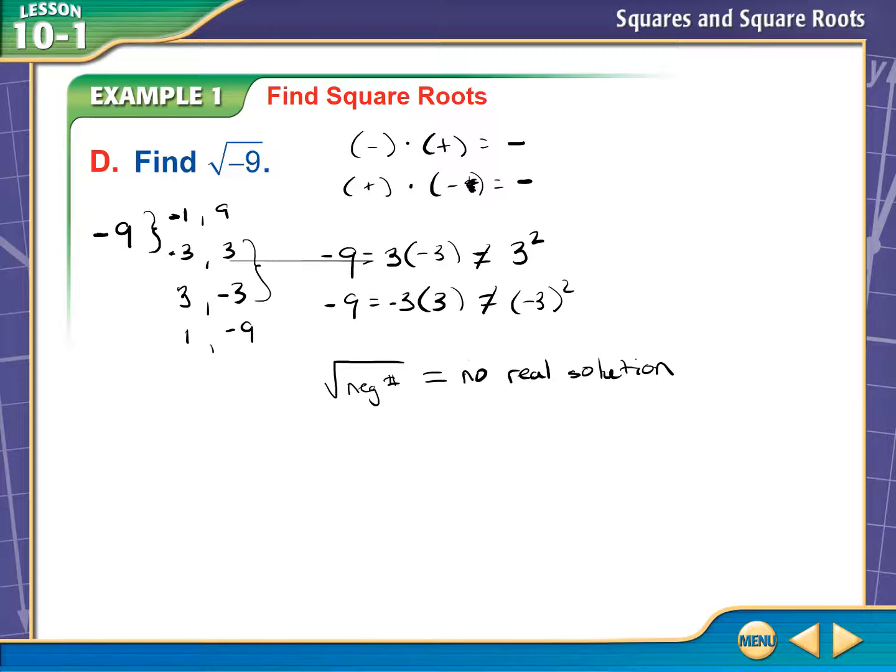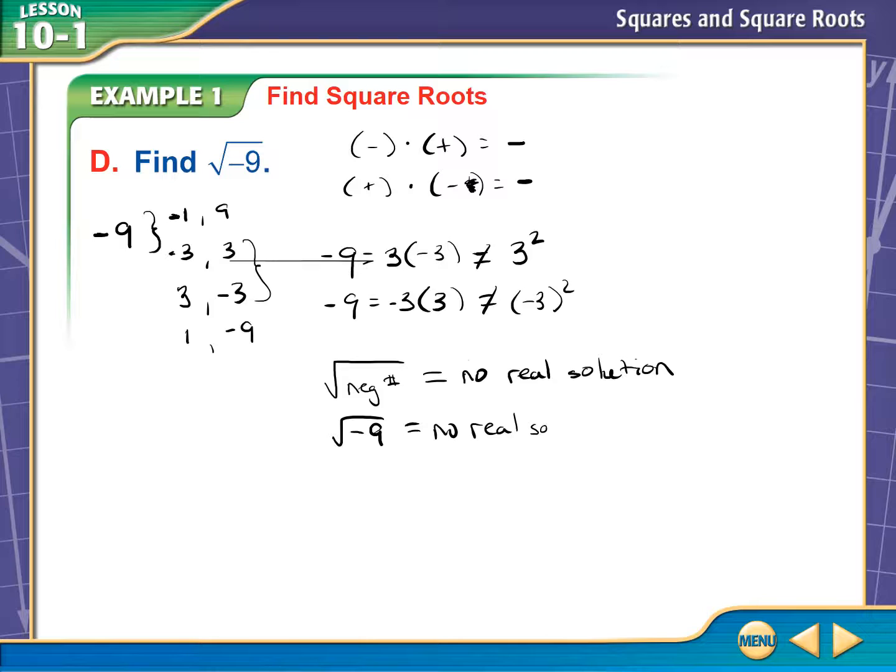One of them would have to be positive and one would have to be negative. Okay? And so for algebra, we can't take the square root of a negative number. There is no number multiplied times itself to end up at a negative number, because again, one of the factors would have to be positive and one would have to be negative. So for this one, the square root of negative 9 has no real solution.